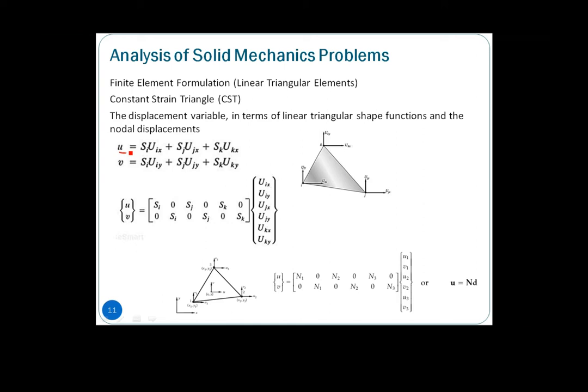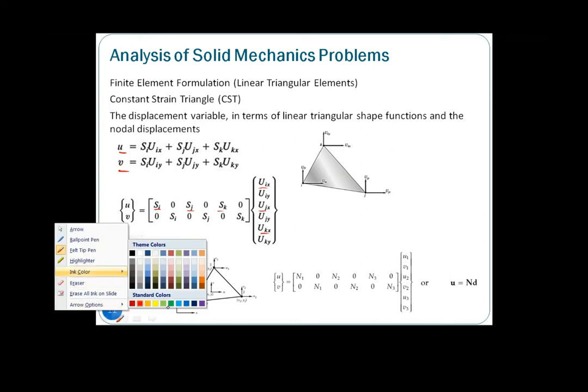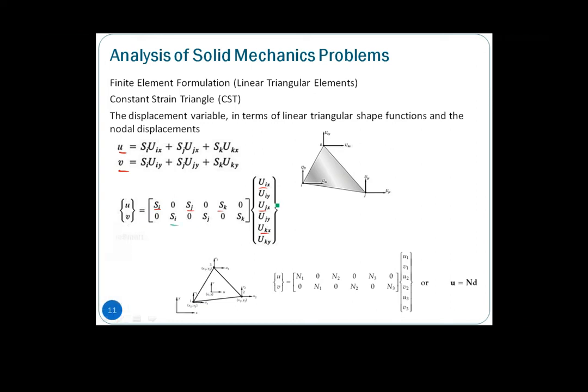Then V represents the y direction: Si Uiy, Sj Ujy, and Sk Uky. In matrix form, our u, v are these combinations.